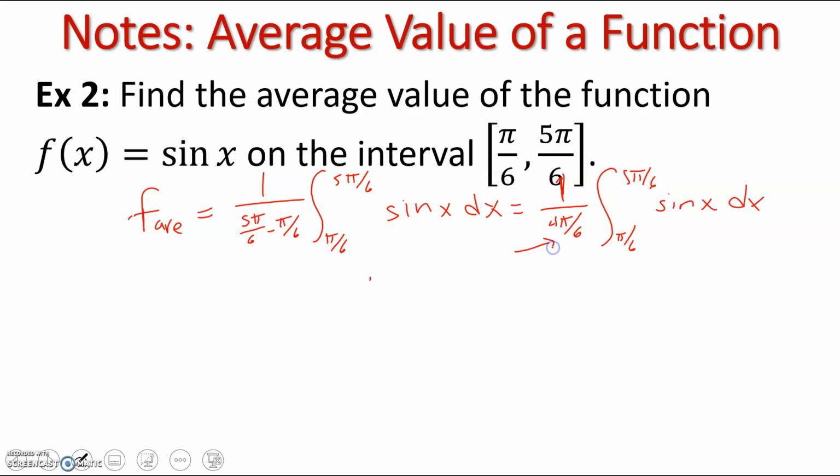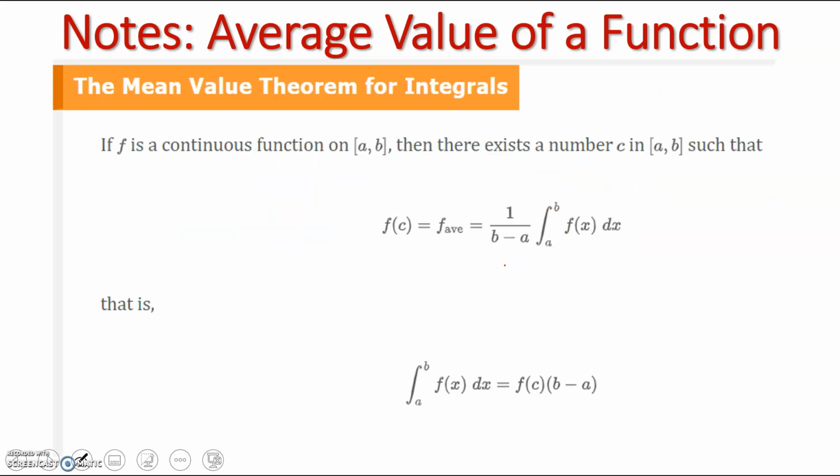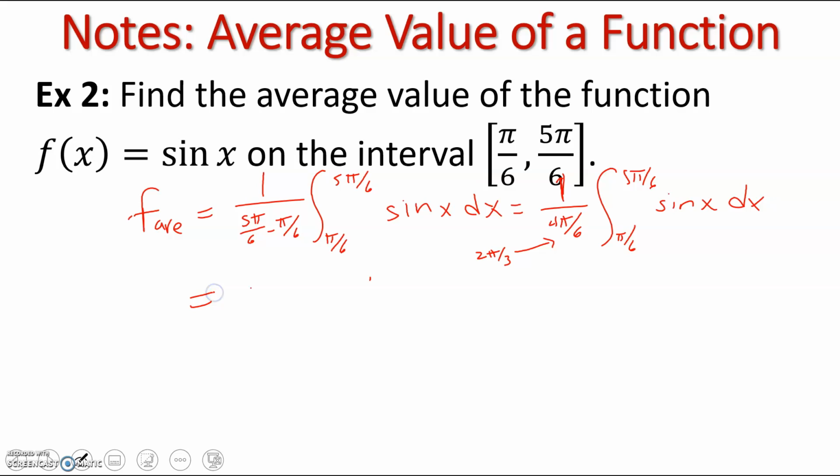But 1 over 2 pi over 3 is mathematically the same as 3 over 2 pi, so we're just going to invert that, do the reciprocal. So we have 3 over 2 pi, the integral from pi over 6 to 5 pi over 6 of sine of x dx. Now we'll take our antiderivative of sine, which is negative cosine of x.